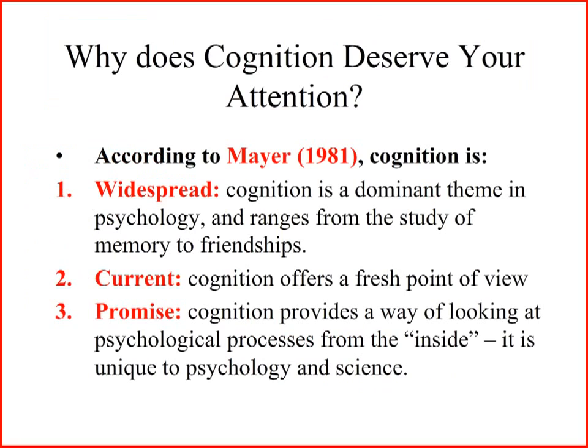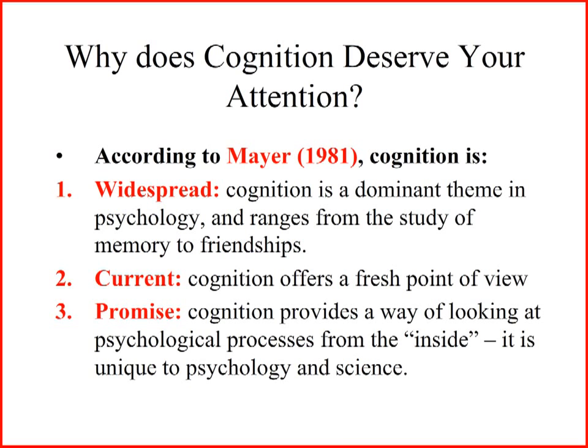One of the questions that we can ask is, why does cognition deserve your attention? According to Mayer in 1981, and also in his book that he republished in 1991, cognition is fundamental for everyone to understand because it's so widespread. Cognition is a dominant theme in psychology.